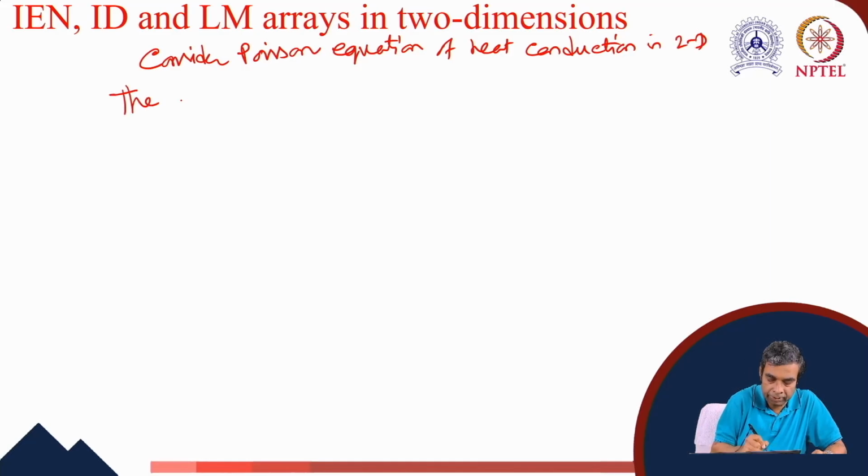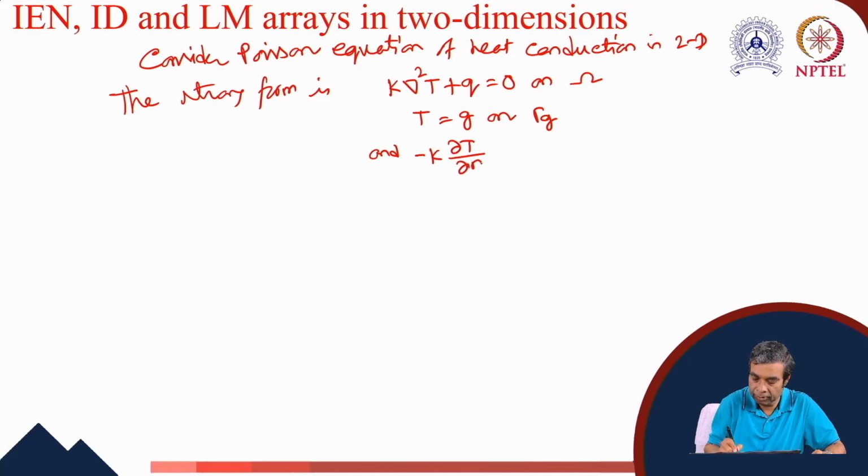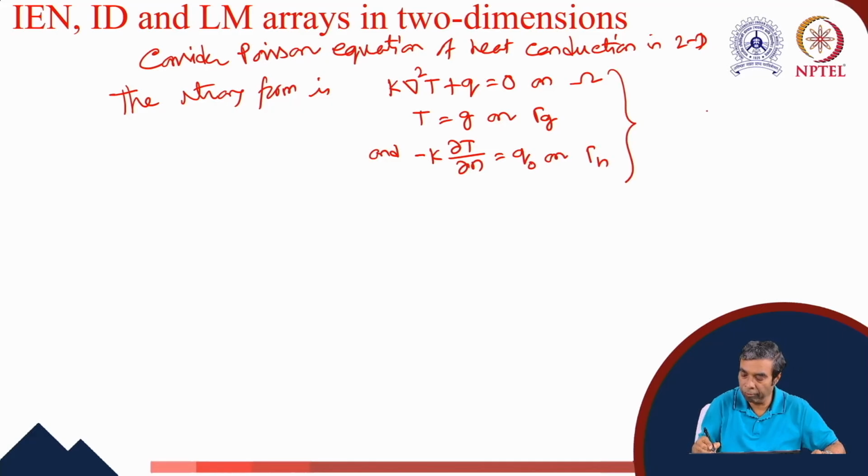The strong form is K del square T plus Q equals to 0 on omega, T equals to G on gamma G, and minus K del T del N equals to Q0 on gamma H. So this is the strong form.